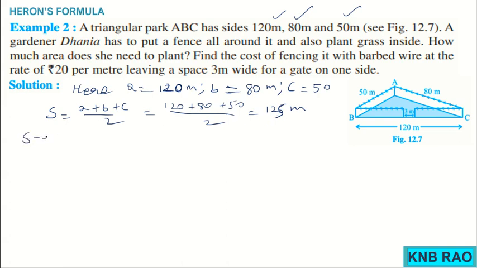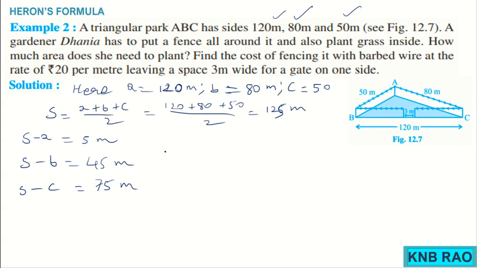Now I know the semi perimeter as 125 meter. S minus a is 125 minus 120, which is 5 meter. S minus b, 125 minus 80, is 45 meter, and S minus c, 125 minus 50, is 75 meter.